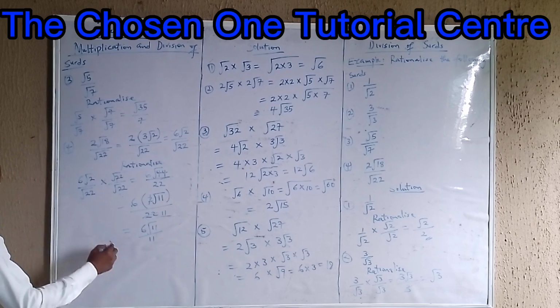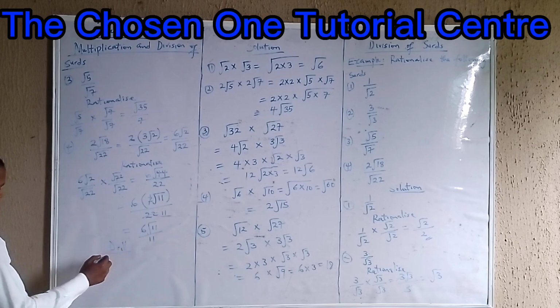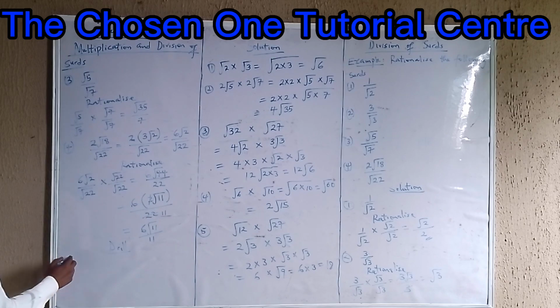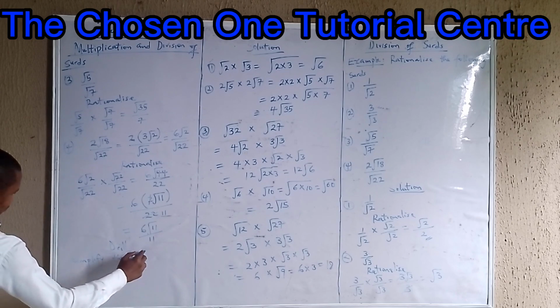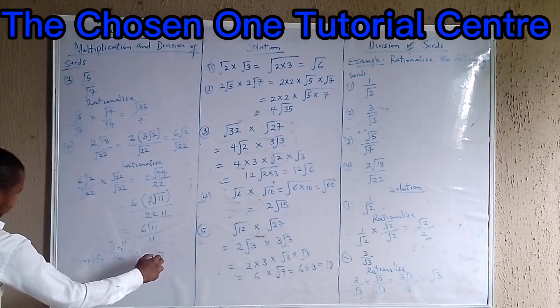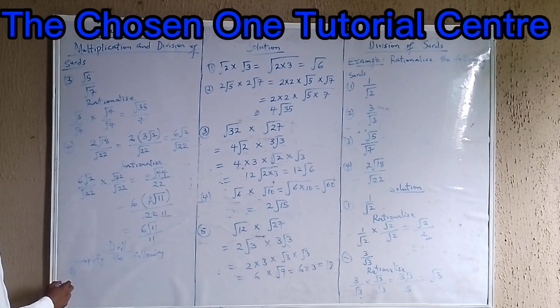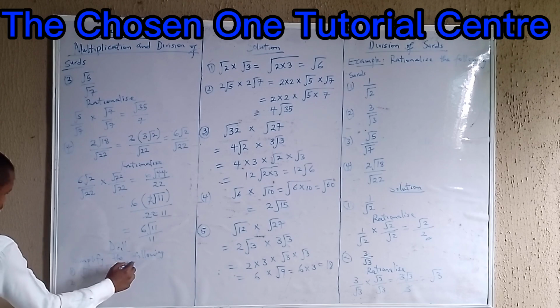So I want you to try this and put your answer in the comment section. Simplify the following. Number 1, you have root 11 times root 3 times root 5.